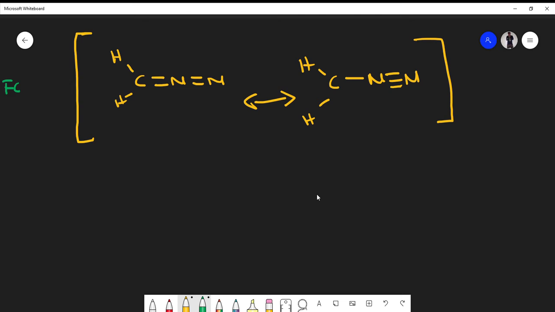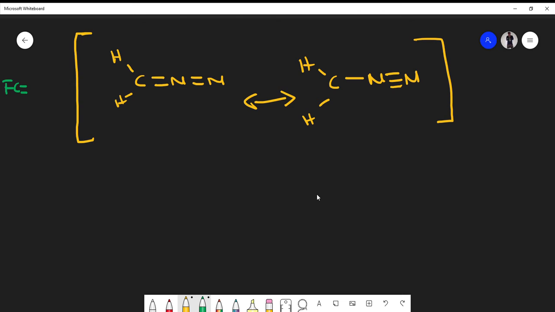Before we do that, we need to know what the formal charge formula is. And there's a specific formula in your books that's like 1/2 bonding electrons minus non-bonding electrons or something like that. That's the official formula. Here we're going to use a shortcut formula.